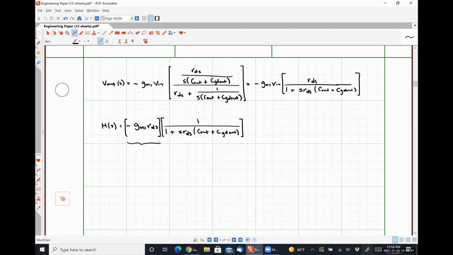This guy on the left-hand side here is my DC gain. It's really the mid-frequency gain, or the mid-band gain, but because we don't have any capacitances that we're dealing with at the input, this should extend all the way to DC effectively. And then we have our frequency response portion, or the bit that starts acting up as the frequency increases.